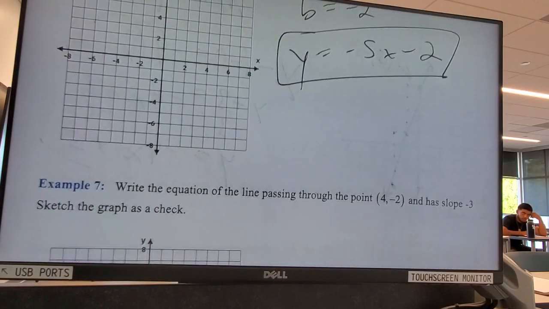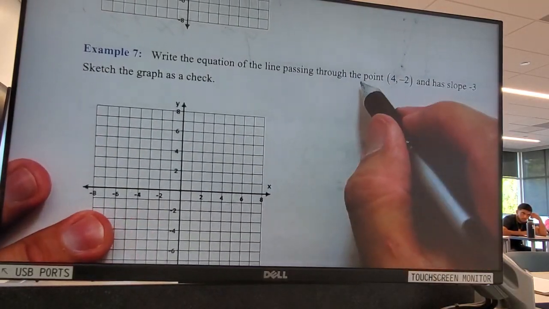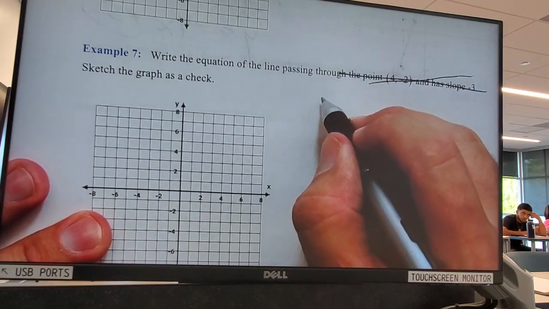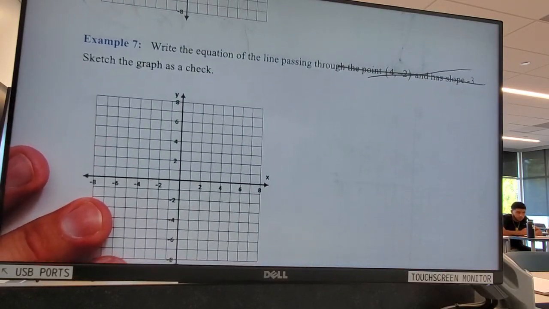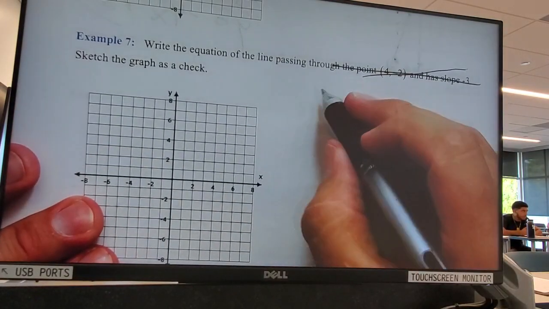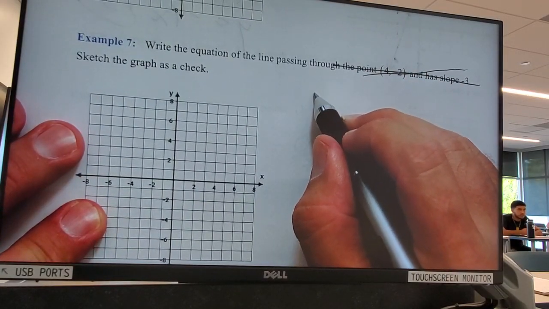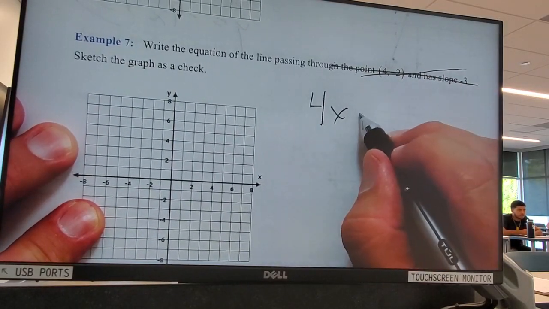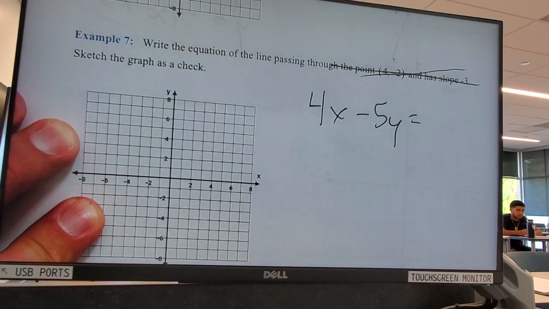So let me ask you this. I'm going to change this problem because I want to. If you already did it, it's too bad. Stop overachieving.